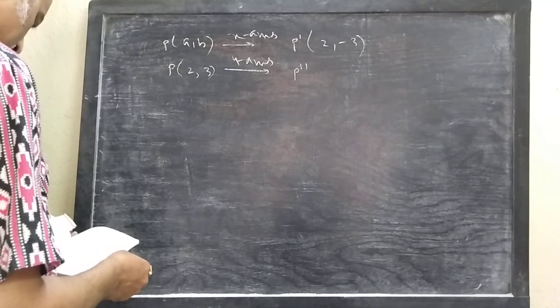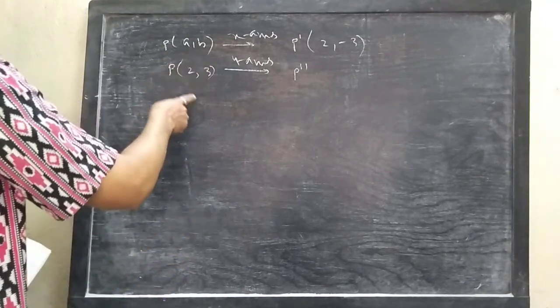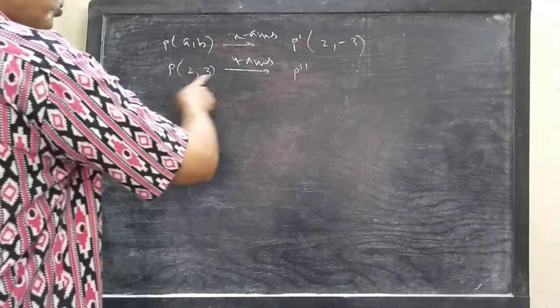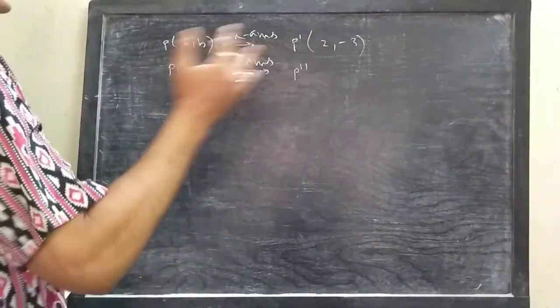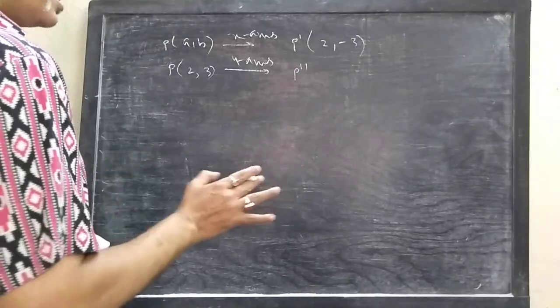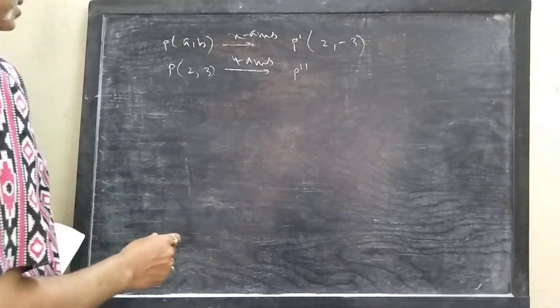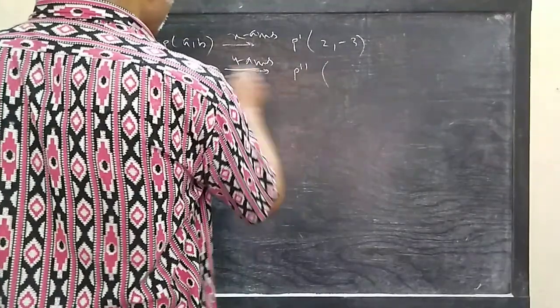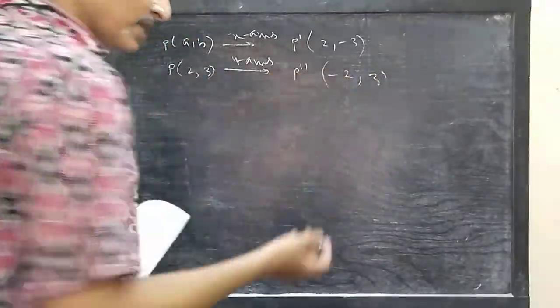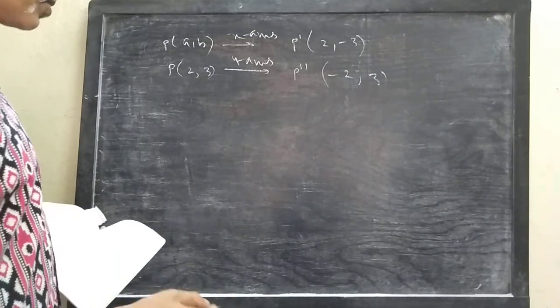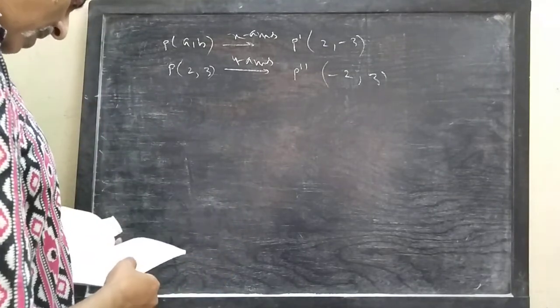Write down the coordinates of P double dash. Now look, when (2, 3) is reflected in the y-axis, reflection in the y-axis means its ordinate remains fixed, abscissa will change its sign. So P double dash will be (-2, 3). 2 becomes -2, 3 remains 3. So the coordinates of P double dash will be (-2, 3).